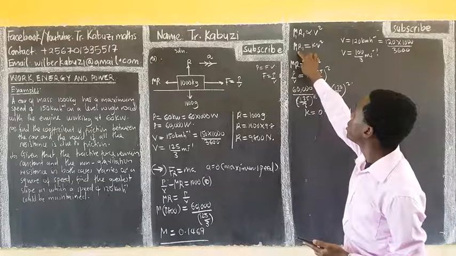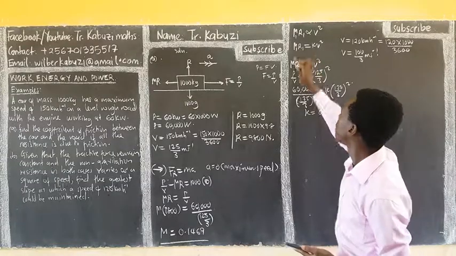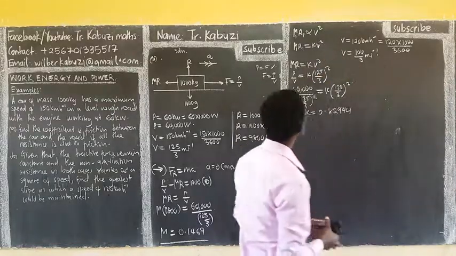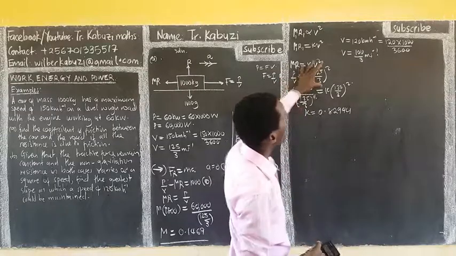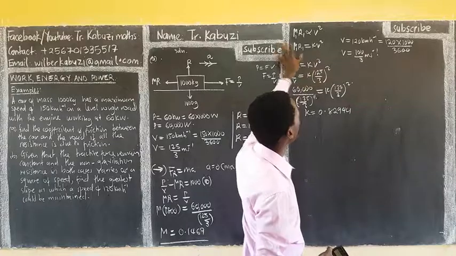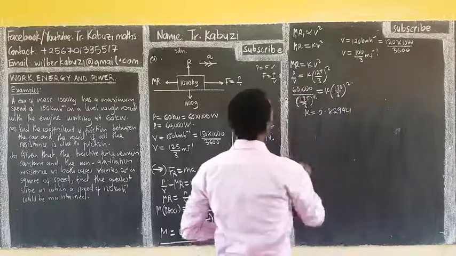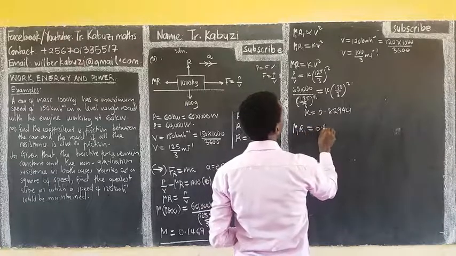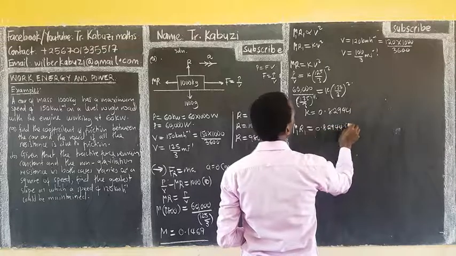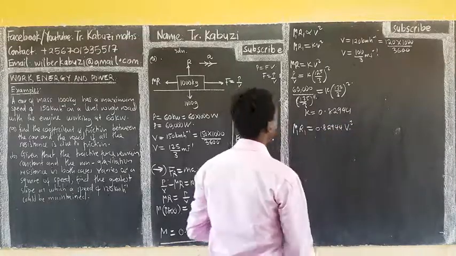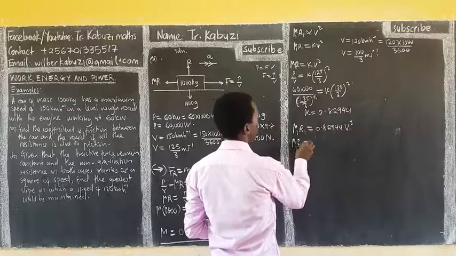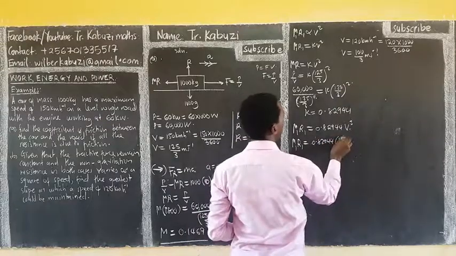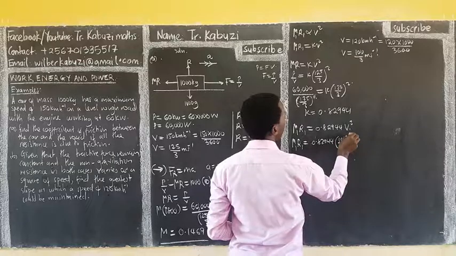Why am I using this? Because I want the new friction of the non-gravitational force, so I don't add it. This one is going to work with this velocity. When we have the first one, its velocity is this, but when I have the new friction, its velocity is going to be this. So now our μ1R1 is going to be 0.82944 v squared. I need this new frictional force, working with its velocity, 100 over 3, the whole square.